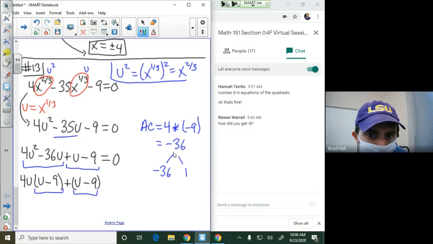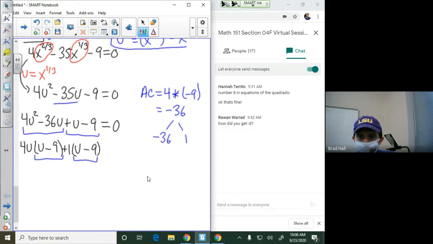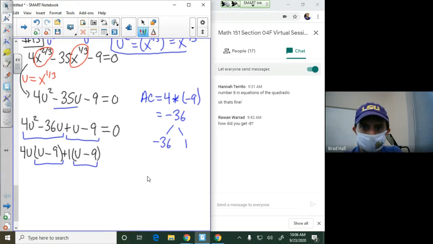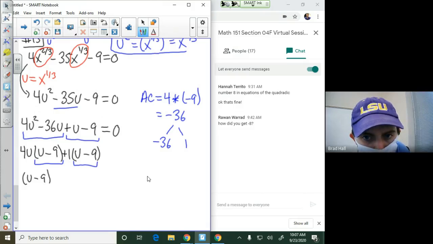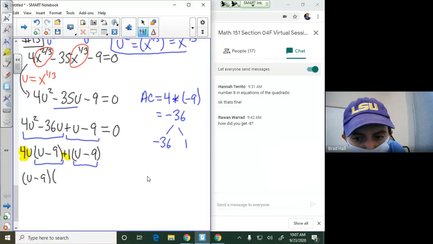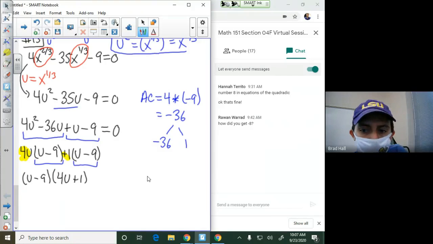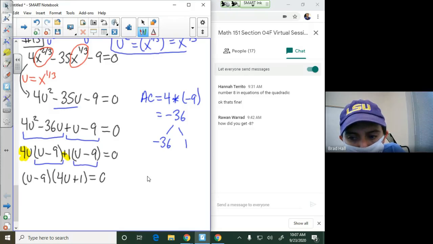Or if it makes you feel better, you can think about an understood 1 being out here. We can factor out this common u minus 9. We are left with 4u plus 1. And so we have a factored form.